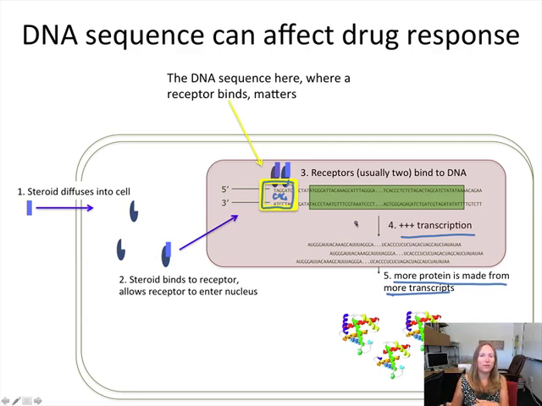In your normal life, your estrogen levels fluctuate. So this pathway happens all the time, even without taking drugs, and any changes in this binding site will affect your normal day-to-day levels of transcription and protein translation too.